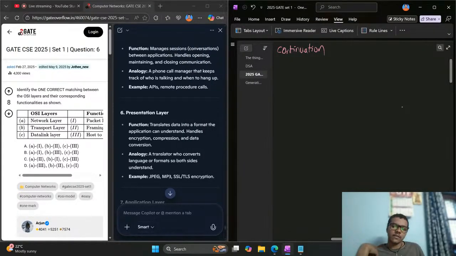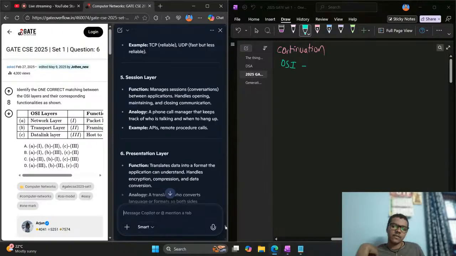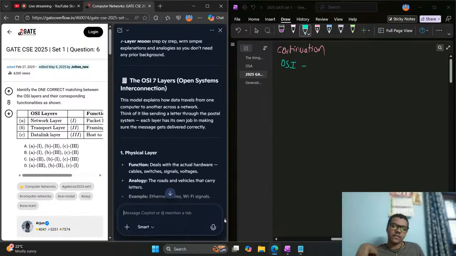Open source interconnection, what? OSI. Open system interconnection. Okay.